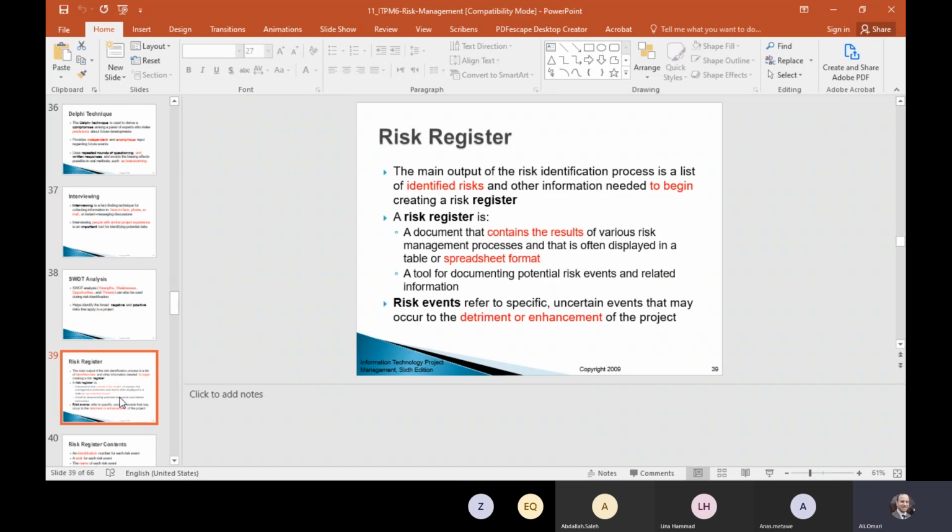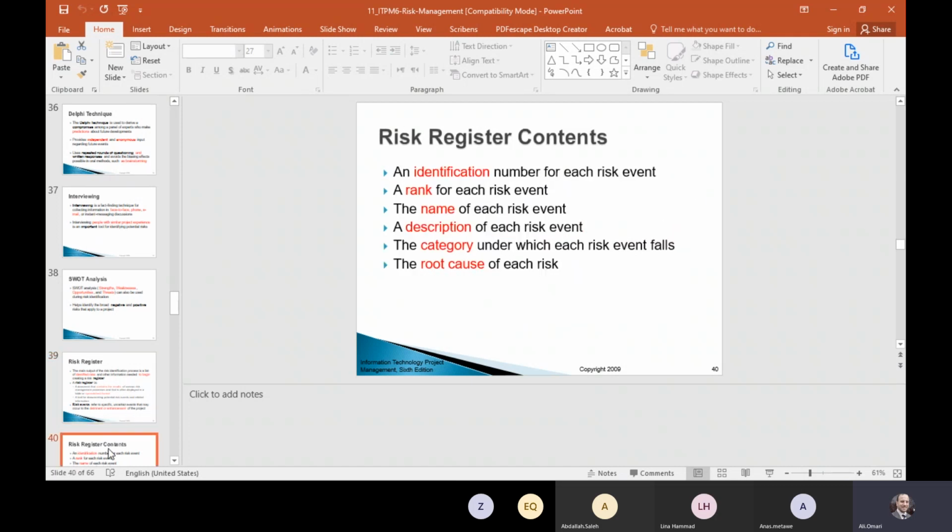It's a tool to document potential risks. A risk event refers to a specific uncertain event that might occur and affect your project.